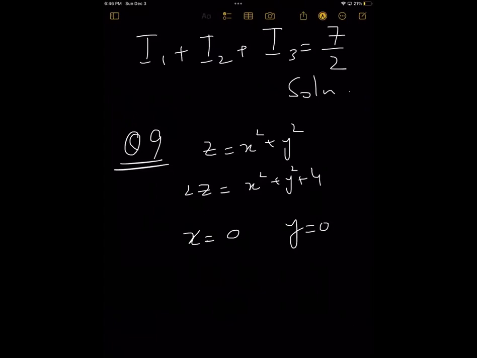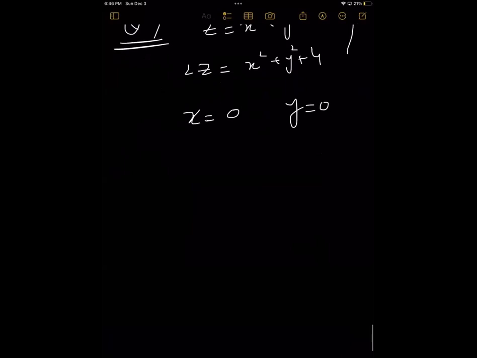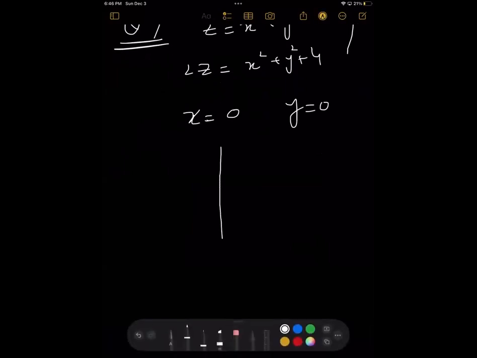Fine. So if we draw it, I'm going to draw it, sorry. This is z, this is y, this is x. Okay. Now z is equals to x squared plus y squared. So there is a circle which is increasing in size as z is increasing.